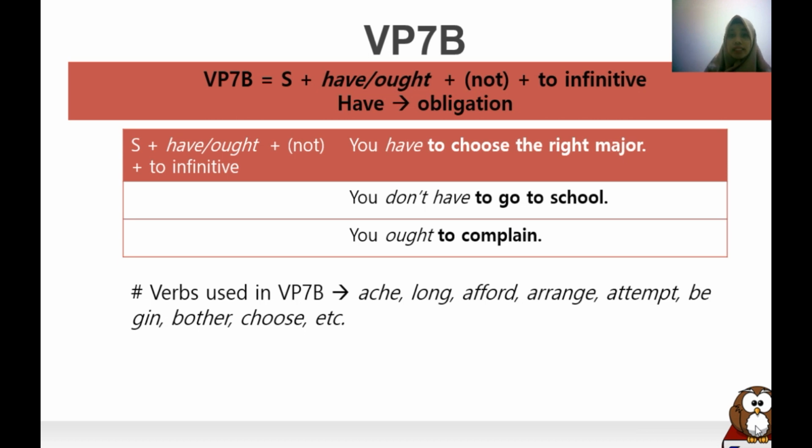You ought to complain. You here is the subject, ought here is the verb showing mild obligation, and then to complain here is the to infinitive. Some verbs used in VP7B are like ache, longed, afford, arrange, attempt, begin, bother, and choose.